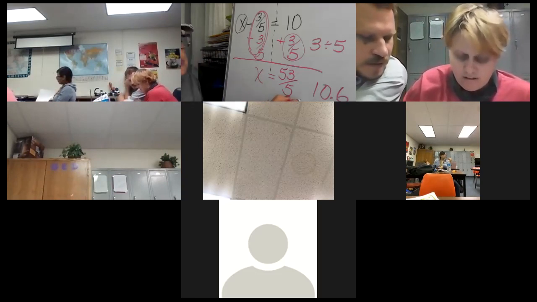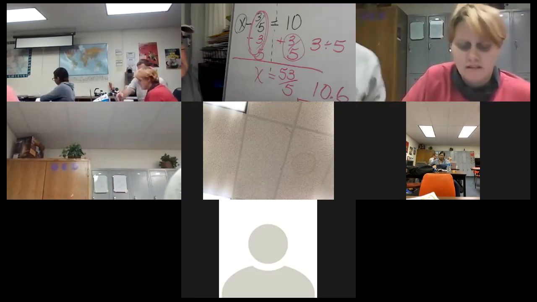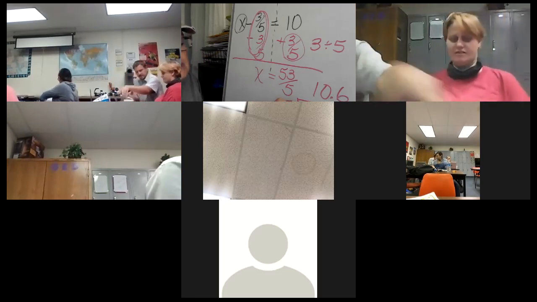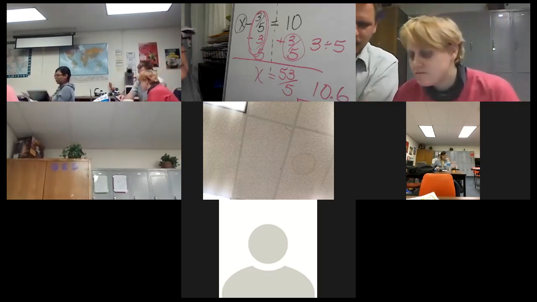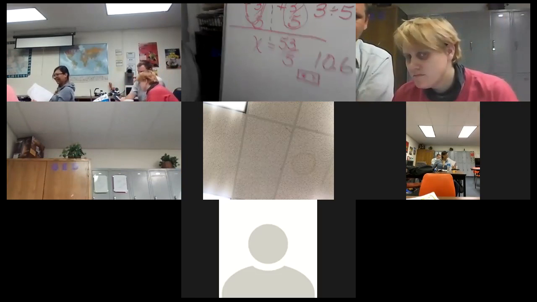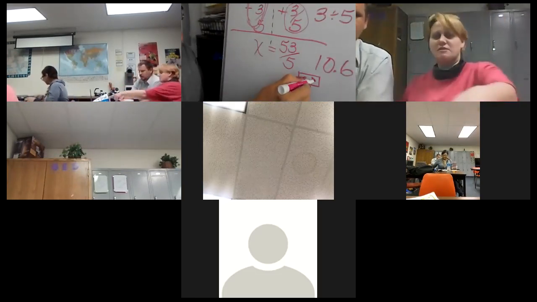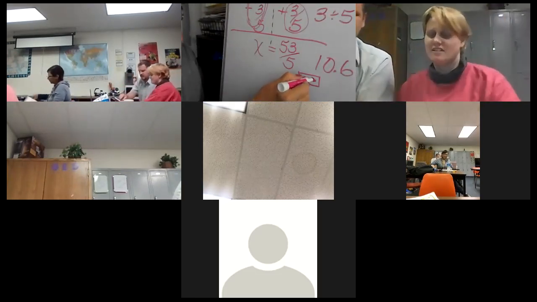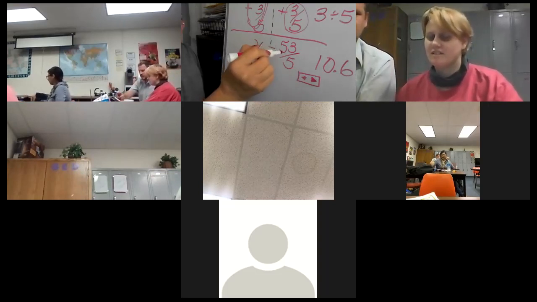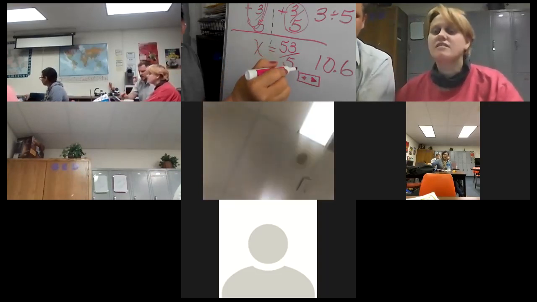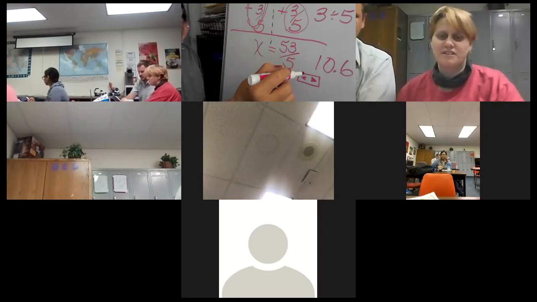The toggle switch looks like this. It has an arrow going this way and an arrow going this way. Did it work? We found it.